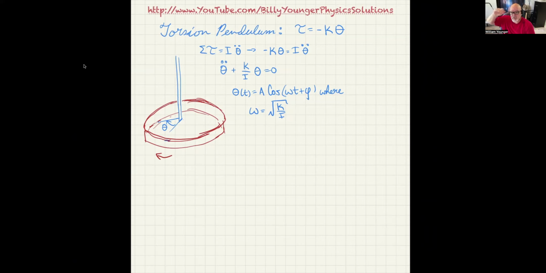In that case, you just take the equilibrium position as your coordinate origin, and that equilibrium has to occur as a result of the mass m being pulled down by a force mg. When that comes to a stop, that's the equilibrium position of the spring, and then you use that as the origin of your coordinate system. But this is the solution that we get when we're talking about the torsion pendulum.